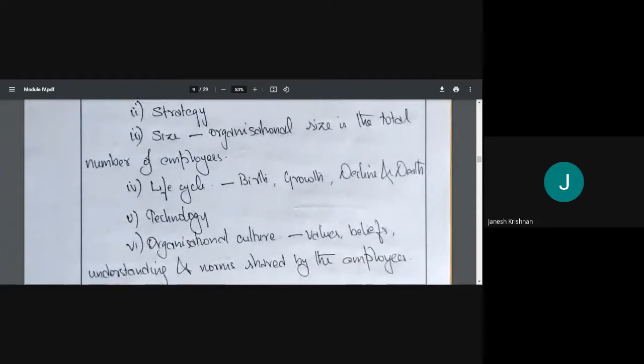Like us, the company will also have birth, growth, decline, and death. You will be born, you will grow, then you will age, and finally we will all die. Similarly, a company is born, grows, might decline, and finally you might have to shut down the company.